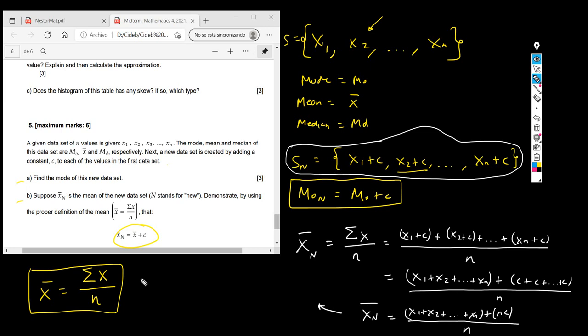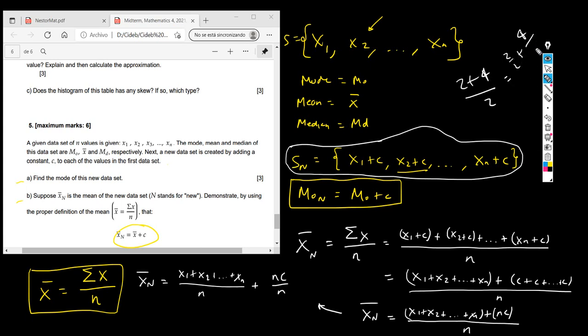I can separate it as x1 plus x2 plus blah blah blah plus xn over n plus nc over n. That's all I'm doing. I'm separating this division into two little bits, just as you would do in this: 2 plus 4 over 2 is the same as 2 over 2 plus 4 over 2.